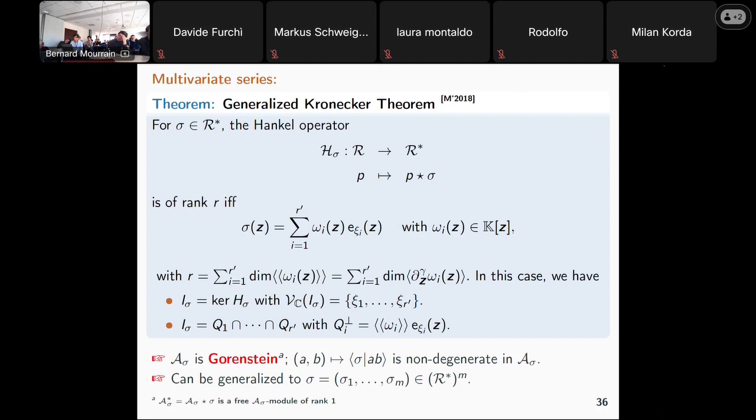So it's a polynomial exponential decomposition. Weights omega I which are polynomials, and this exponential in some points Ci. And what is the rank of this operator? It's the sum of the dimensions of the inverse systems spanned by all these omega I. So the dimension of the space of all derivatives of the omega I, as we have seen already.